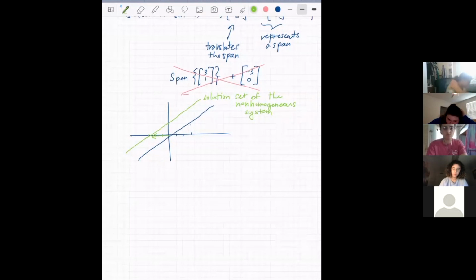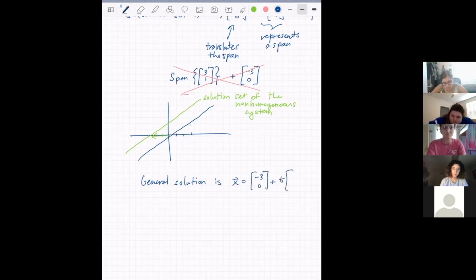And then the general solution is your -3, 0 plus t times 3, 1, right?